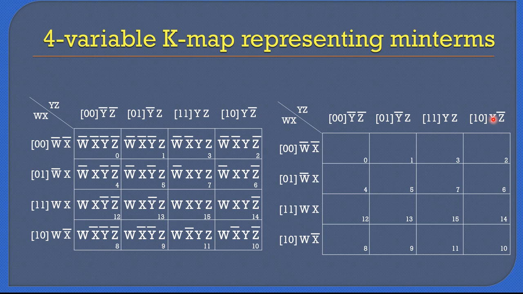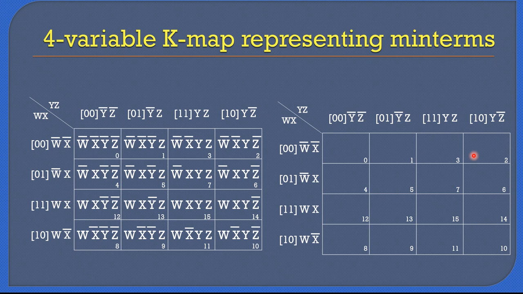When you join the right hand side part and the left hand side part, that is both the columns, again you will see that only one variable changes its state. Here you can see y' and z'. So here y has changed its state to y', and z' remains the same.